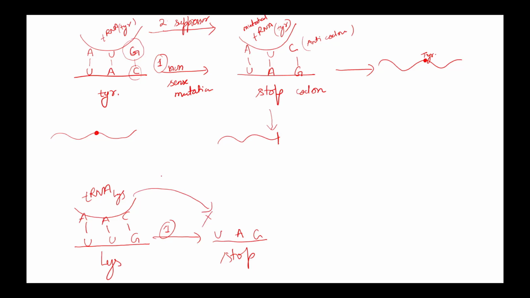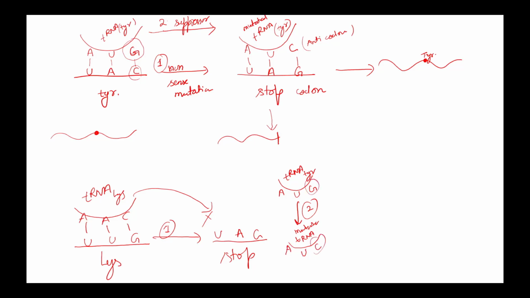So now another mutation takes place in the tRNA of tyrosine, which has the sequence of AUG. Here the second mutation is converting it to a mutated one, from AUG to AUC at this position.